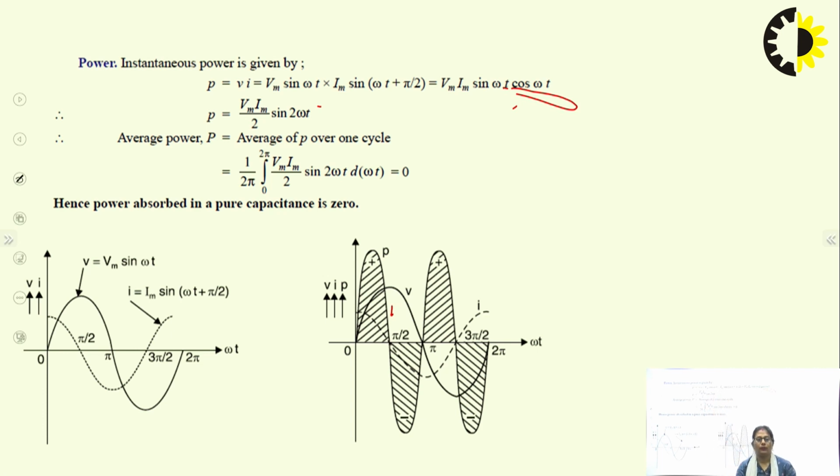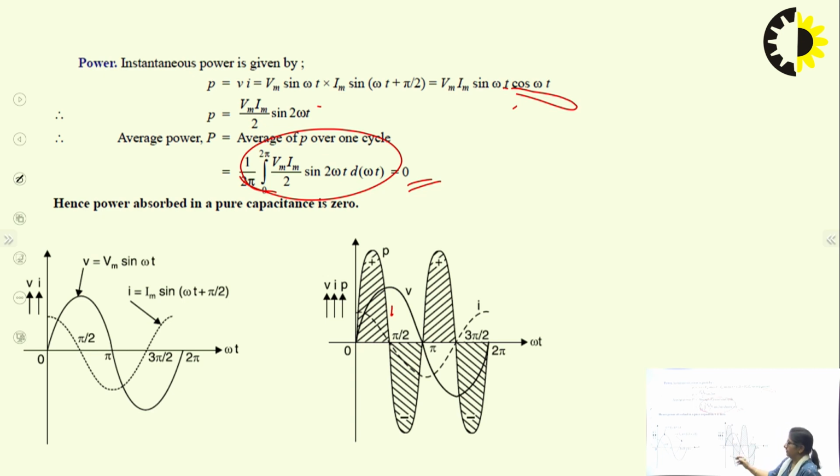But when going with the average power, I'll integrate from 0 to 2 pi, with the time period of 2 pi. Once again, the average value over a complete cycle is going to be 0. So there is no average power consumed by a purely capacitive circuit as well, right? So the power absorbed by a purely inductive circuit is 0. The power consumed by a purely capacitive circuit is also 0.